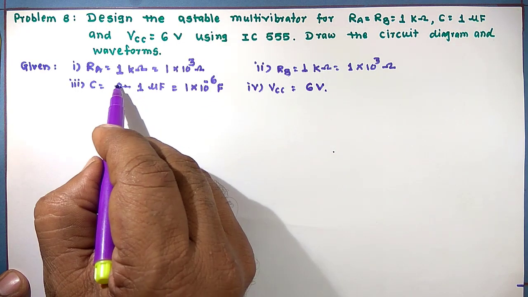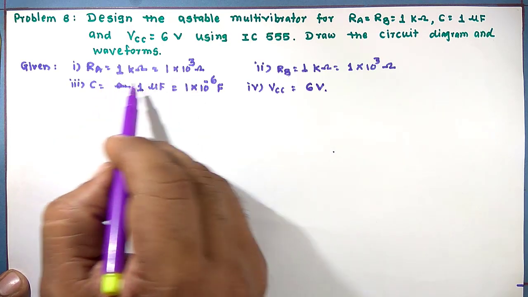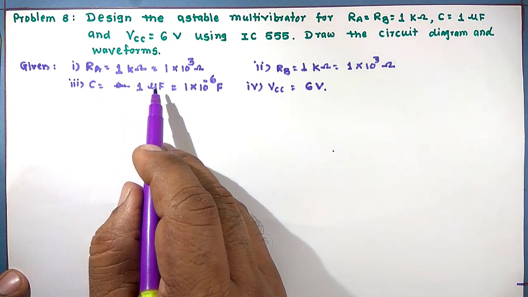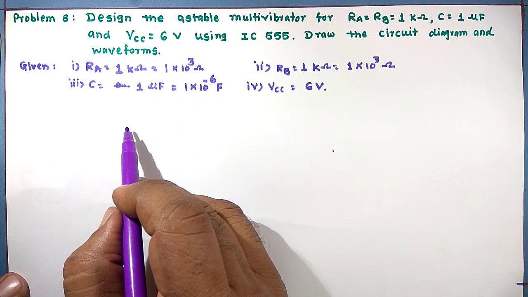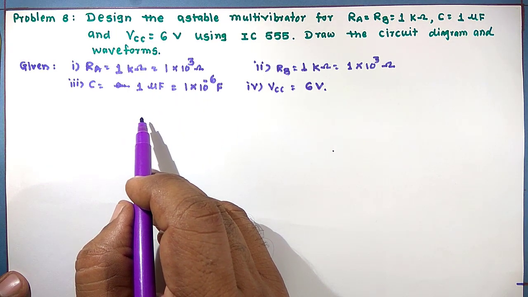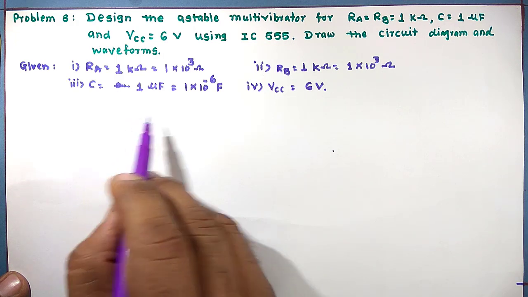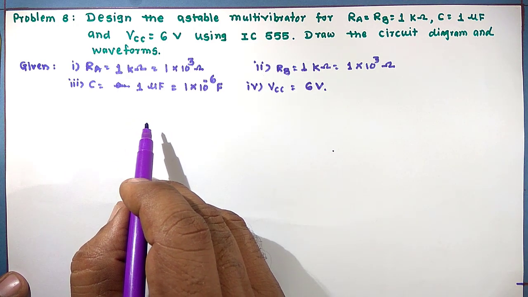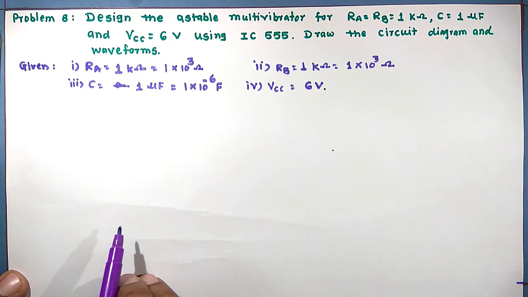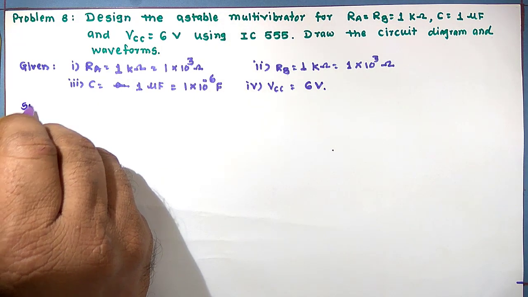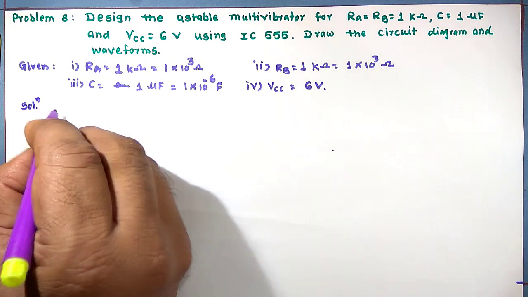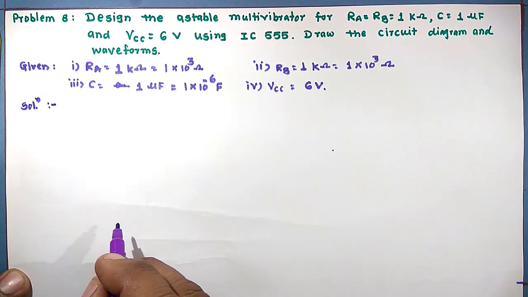So here we have to find the T1, T2, that is a charging time of a capacitor, discharging time of a capacitor, duty cycle, and total periodic time T and frequency. So first of all, let us find the charging time of a capacitor.